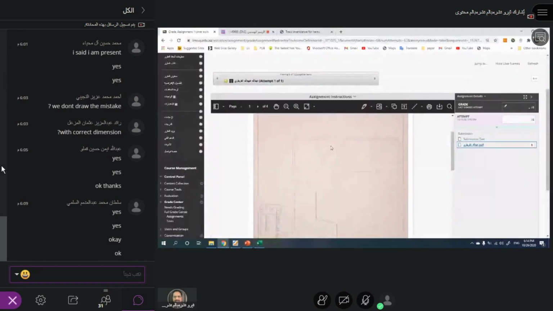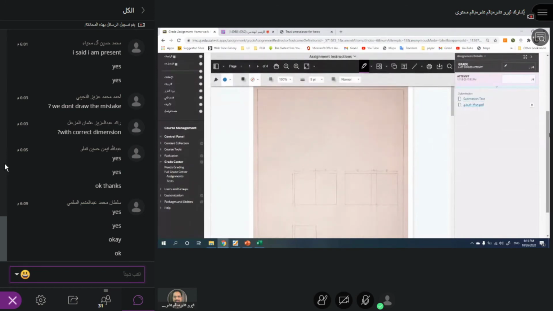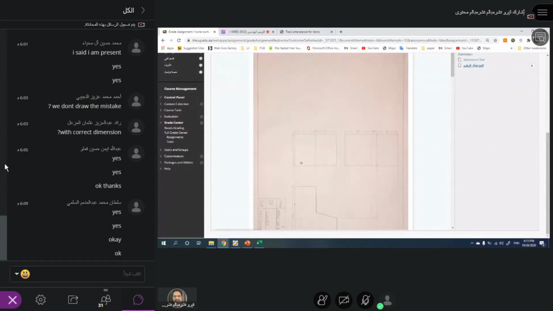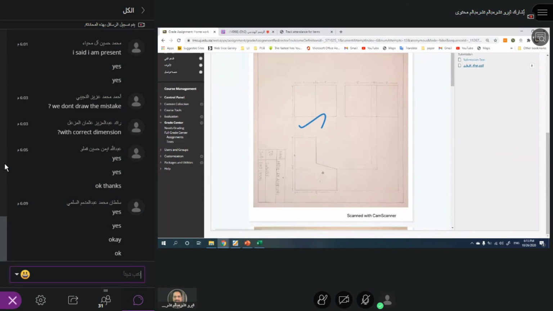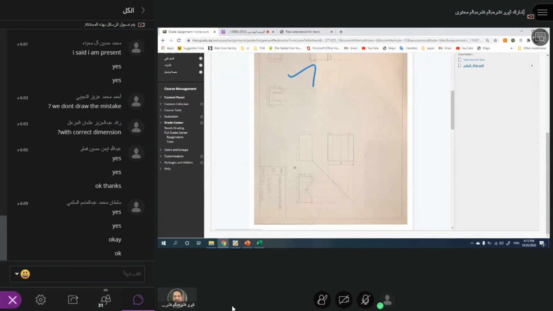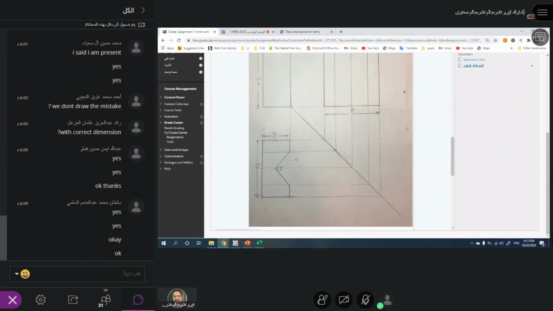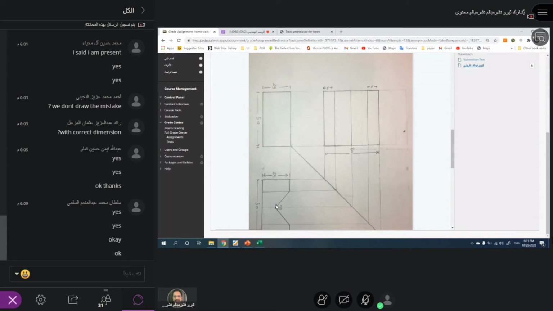Let's see how he improved. He is improving a lot. Very nice. Al Qurairi is improving a lot. I'm very happy with this guy. He's improving really well. Good, very good. Very nice. Only thing is the hidden lines. Don't forget the hidden lines. Okay.